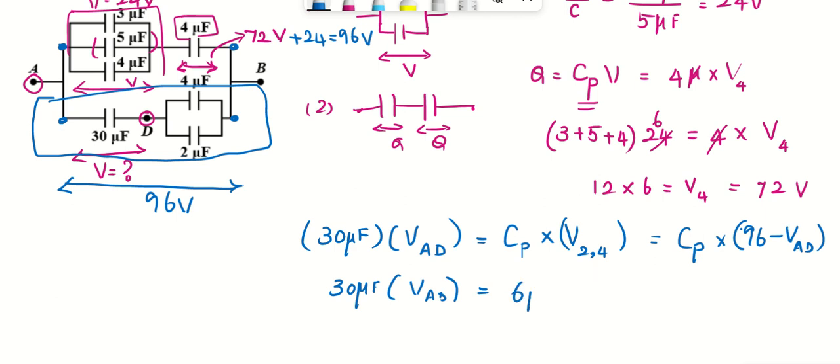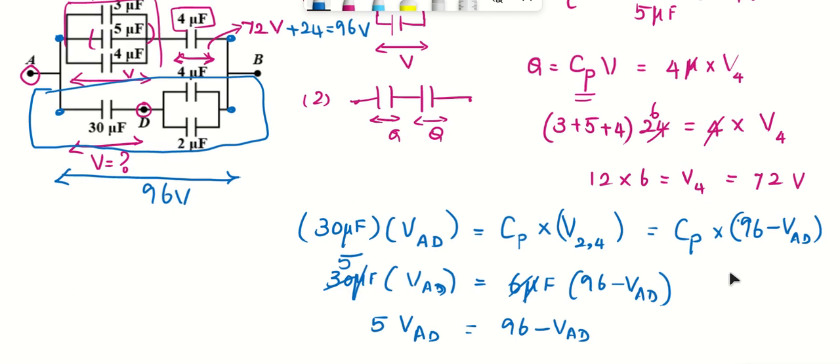So 6 microfarad times 96 minus VAD. Micro will go away, and this will become 5 now. Okay, so 5 VAD equals 96 minus VAD.